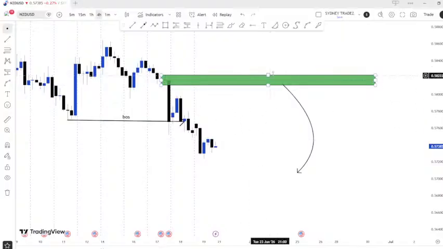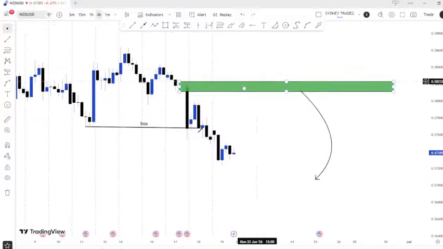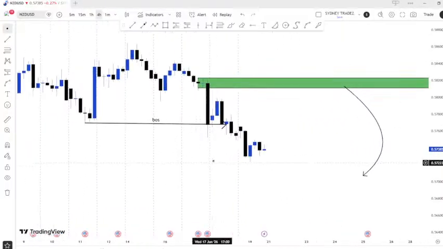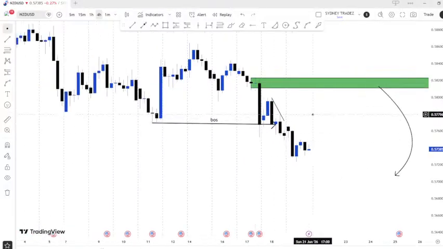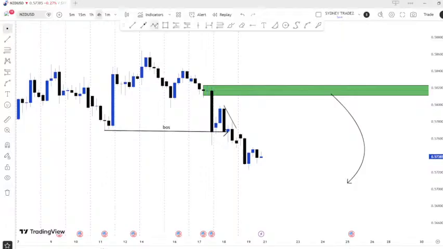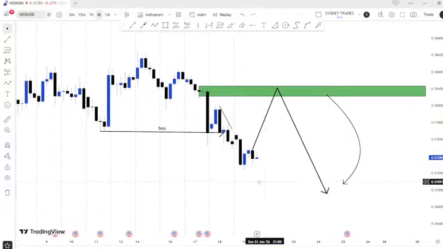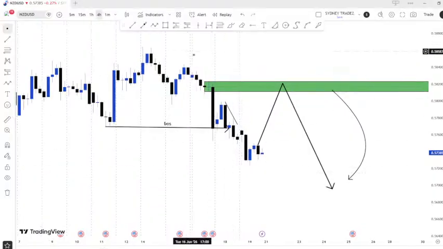So keep this level under watch. Make sure you don't let it go, because it has already started building liquidity structures right here. You can see them. So we expect price to leave this level, because there are so many orders sitting over there, and that's a profit taken.